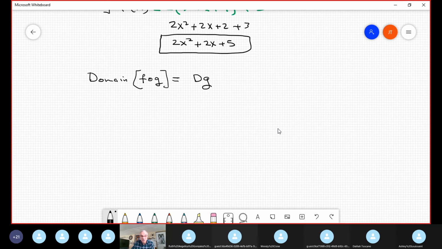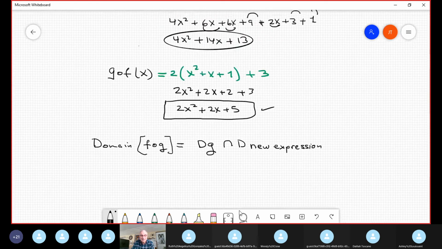Why is g important? Because g is the first function, the first black box, and what you get must be in the domain. If it doesn't satisfy g, it's obviously out of the domain, intersection with the domain of the new expression. What is the new expression? The new expression is, for example, this expression or another expression.